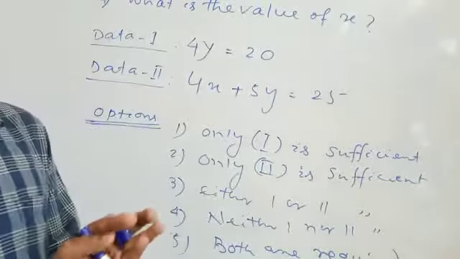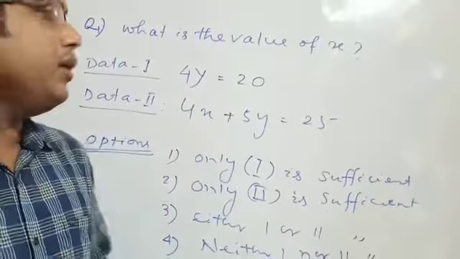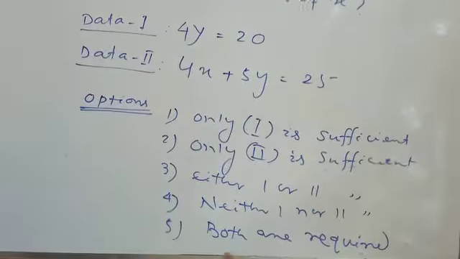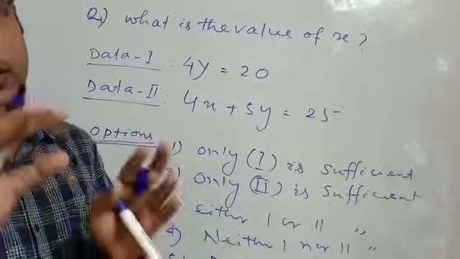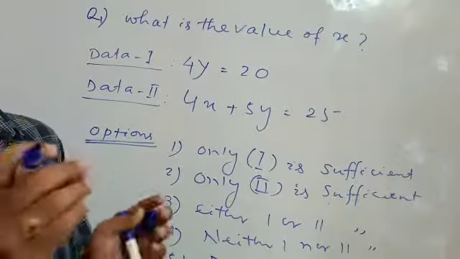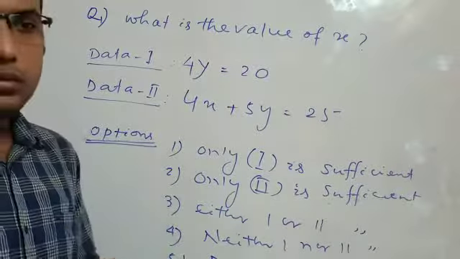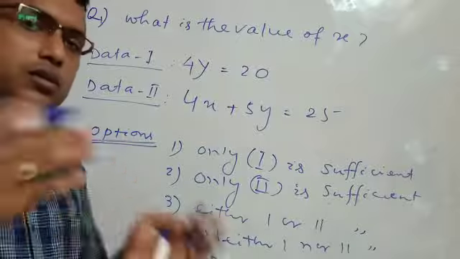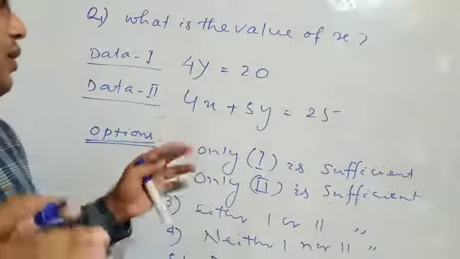So how to evaluate the answer of the above question? I think this one is very easy for you. But sometimes students solve the question exactly, in detail, by taking the unitary method or anything, thinking that if the answer is not coming, then it is not sufficient, and if the answer is coming, then it is sufficient. Don't follow that strategy.